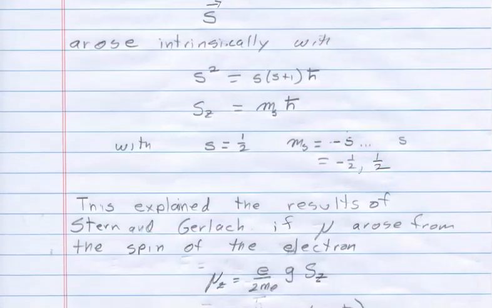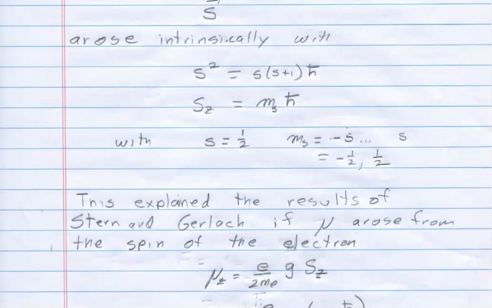Well, this explained the results of the Stern-Gerlach experiment, if the magnetic moment of the silver atoms arose just from the spin of the electron in its outer shell. The electron is in an L equal to 0 state, so there is no orbital angular momentum, but the electron can still have this intrinsic angular momentum.